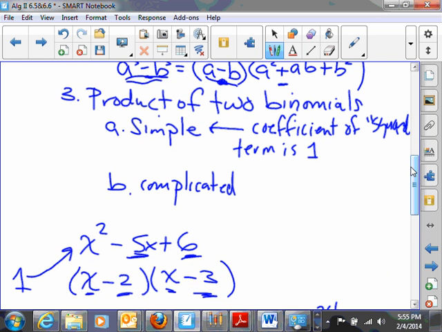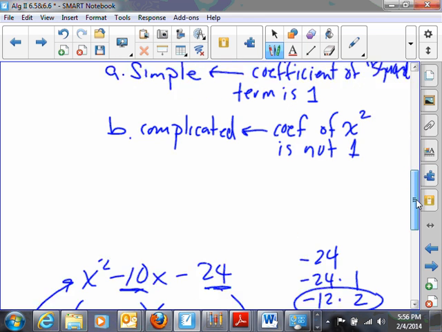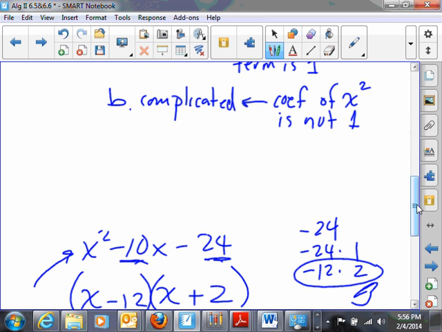Now, if the quadratic polynomial that you're trying to factor is complicated, and complicated basically means that the coefficient of the x squared is not 1 even after you've taken out common factors, then you're going to have to use a method that I refer to as the Dorset Method.